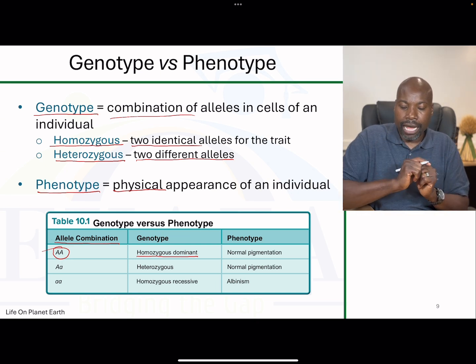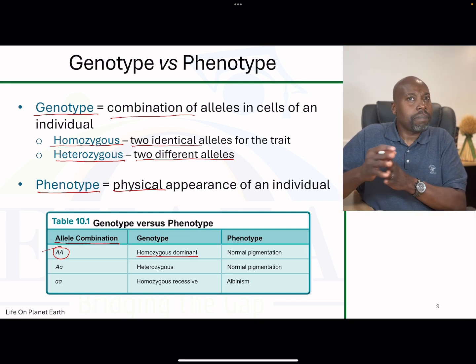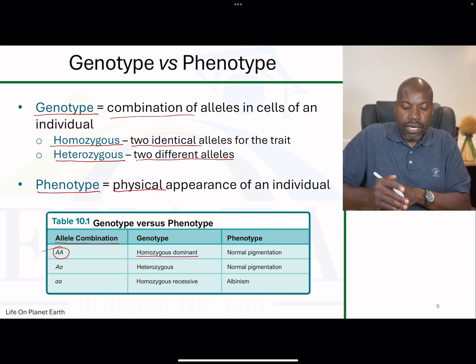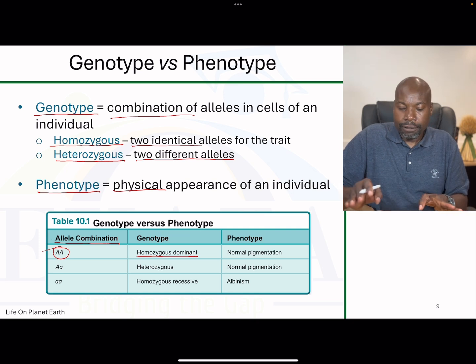Please note that. So, when we look at pigments, for instance, if capital A is presence of pigment, lowercase a is no pigment, right?